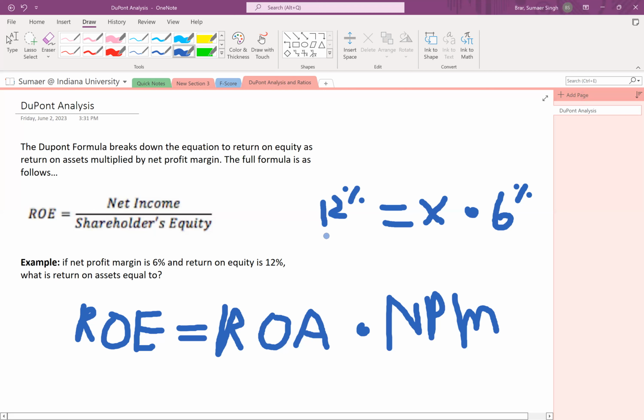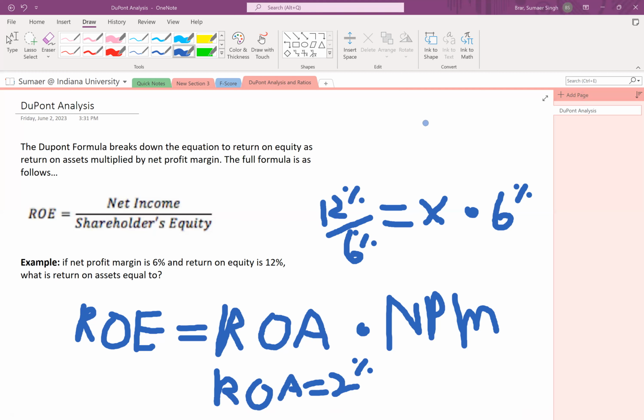So what we would do is divide 12% by 6% to get our return on assets, or ROA. And so this gives us a final answer of 2%, which is what our ROA equals. And with that, we conclude our lesson.